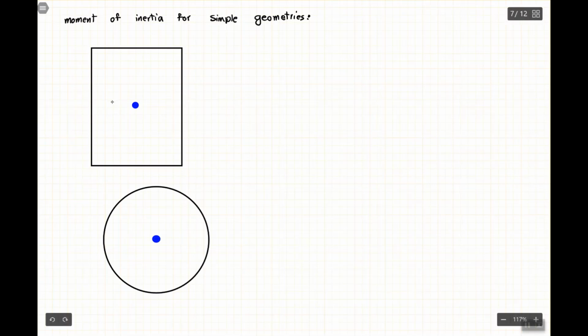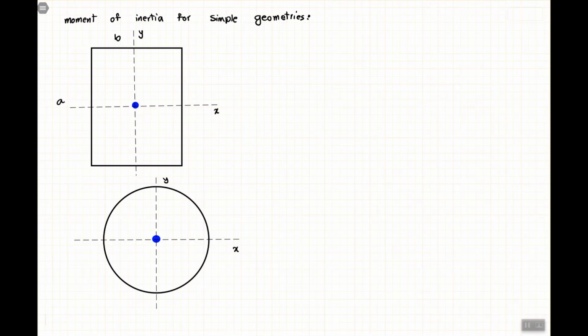Let me draw the axes for this one. We call this one x, and this one the y-axis. Similarly here, x and y. Let's say we know the lengths here are a and b, and over here let's say the radius of this circle is r.